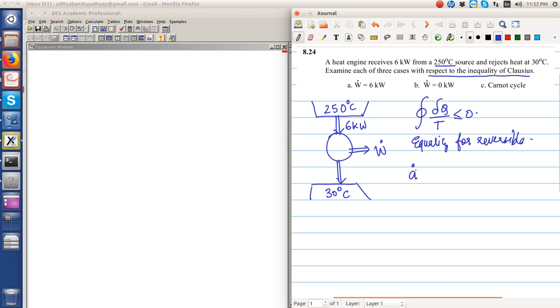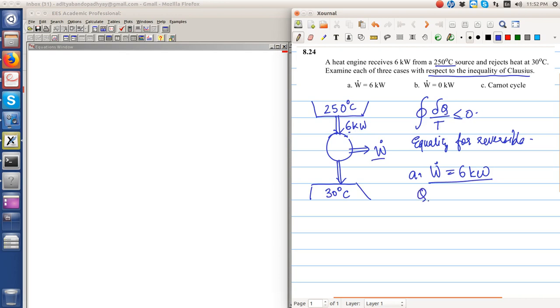So case A: W dot is equal to 6 kilowatt. So if W dot is equal to 6 kilowatt, then all of the heat input is as good as converted into work.